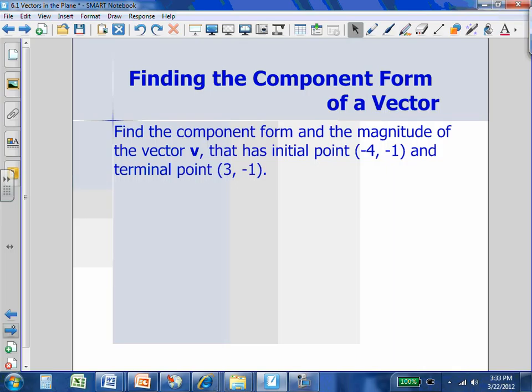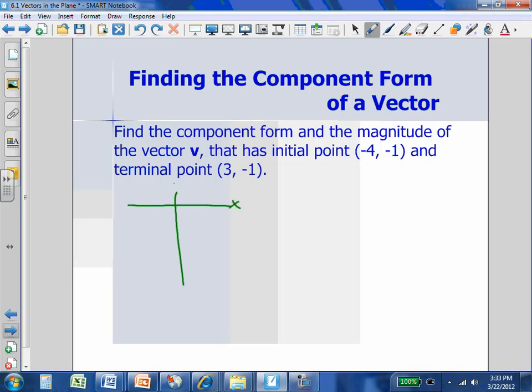All right, find the component form and the magnitude of the vector v that has the initial point (-4, -1) and terminal point (3, -1). Well, let's see. I'm just going to sketch myself out a little grid here.